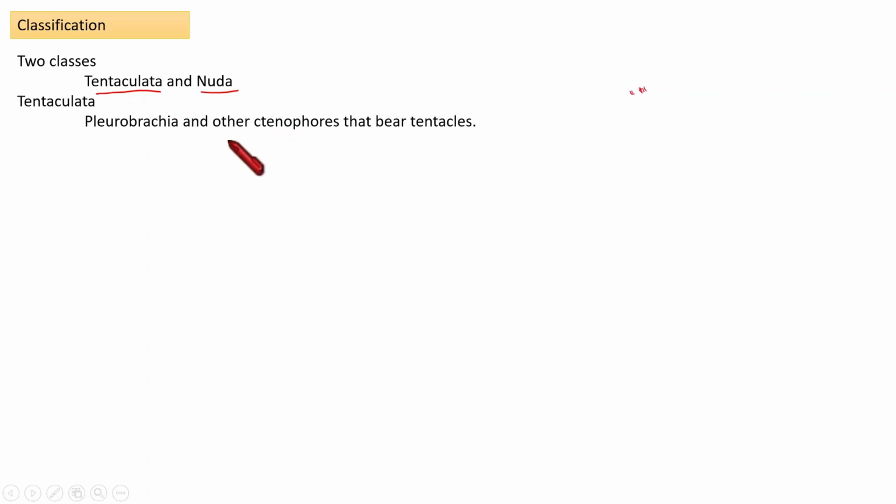So we are moving to its classification. Two classes are there under this phylum Ctenophora. They are Tentaculata and Nuda. These are the two classes. In Tentaculata, the members that come under this class all bear tentacles.